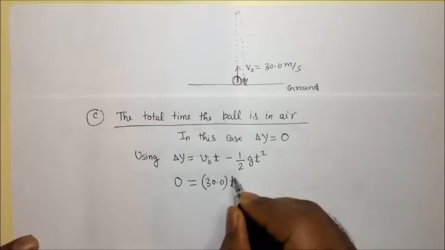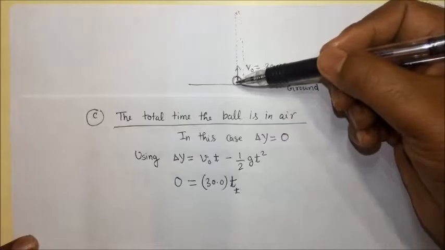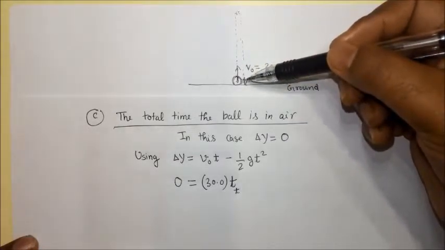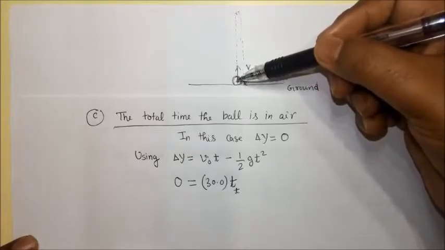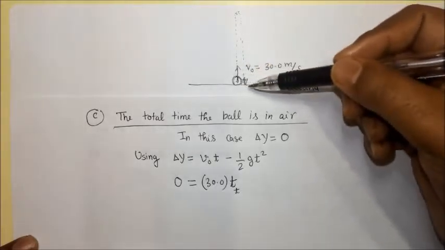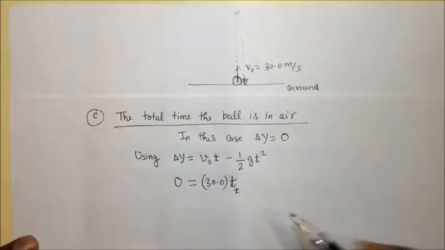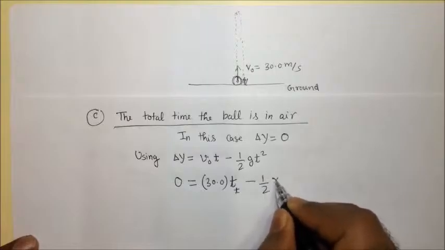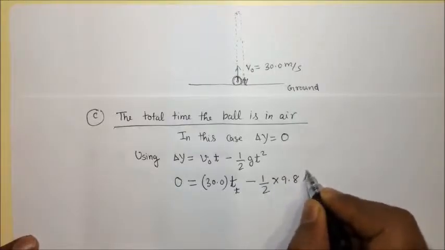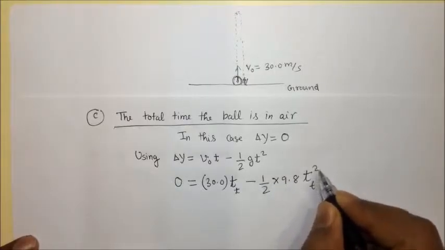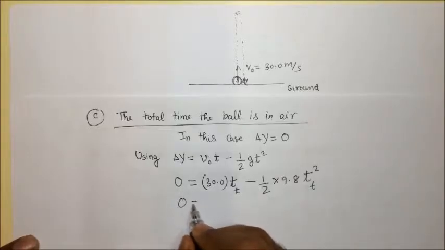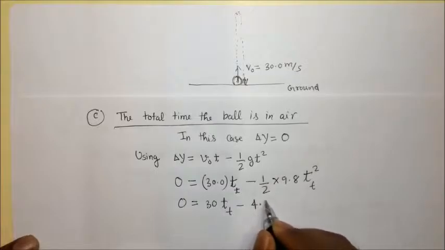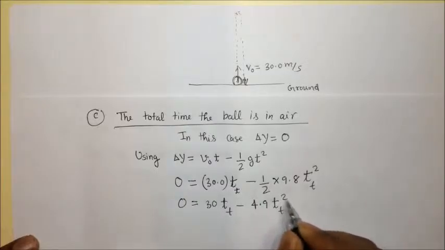T suffix t is the total time from the ground it goes all the way up and comes back to the ground, minus 1/2 times 9.8 t suffix t square. So 0 is equal to 30 tt minus 4.9 tt square.